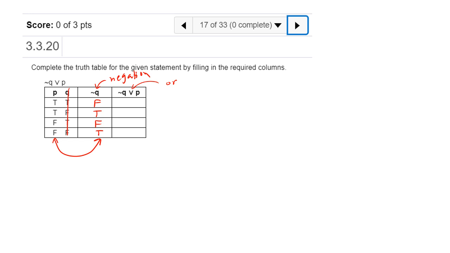If I have 1 true, then that last column is true. So looking across this top row, I have true, false. So that's true. True, true, that's true. False, false, that's false because it did not have one true at least. False, true, that's true. So now you will see the truth table given.